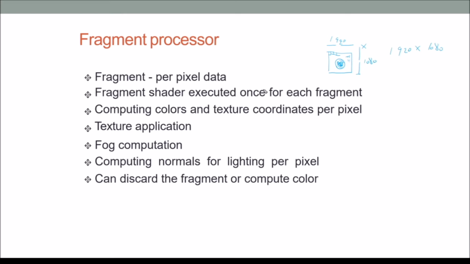And the fragment shader executes for each fragment. Okay, so the fragment shader is the per pixel shader. Then it computes colors and textures, and obviously if you have texture coordinates passed from your vertex shader, that is XYZ values, and the normal values from there, that is also XYZ.